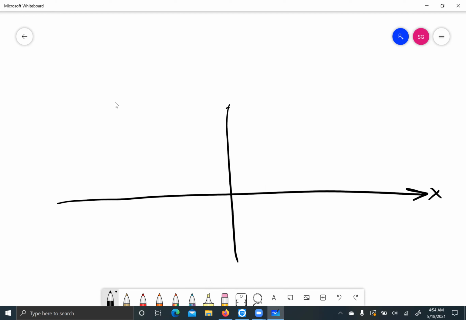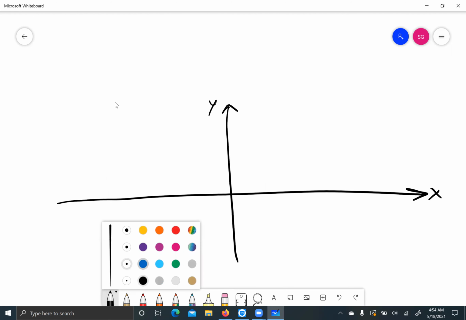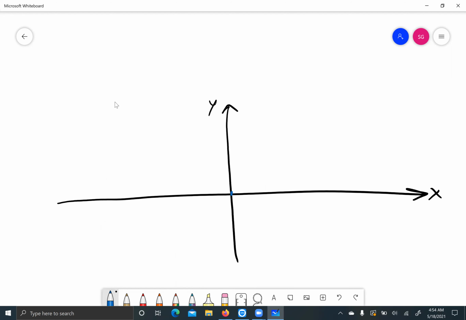So for example, we are going to limit the domain between negative pi over 2 and pi over 2.